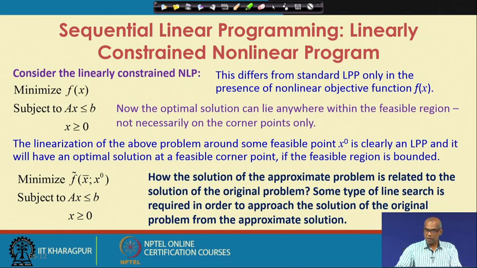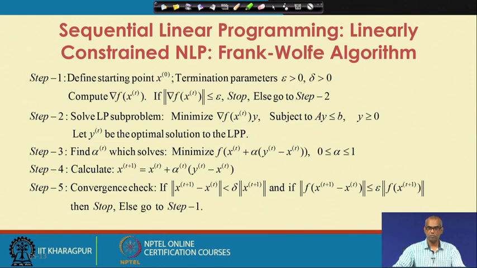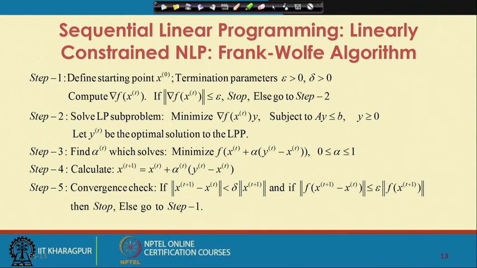So, some type of line search is required in order to approach the solution of the original problem from the approximate solution. So, we have this algorithm called Frank-Wolfe algorithm, which can solve the linearly constrained nonlinear programming problem using sequential or successive linear programming.